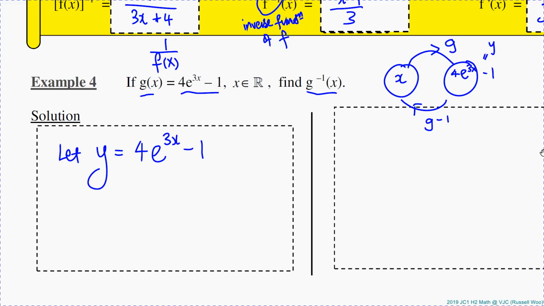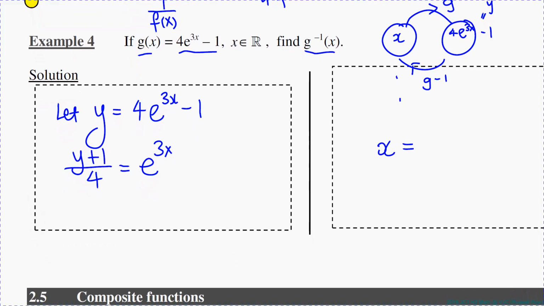Our objective at the end of the day is to make x the subject. Make sense? So what do we do? We plus 1 on both sides, divide by 4, get e to the power of 3x. After that, we take ln.